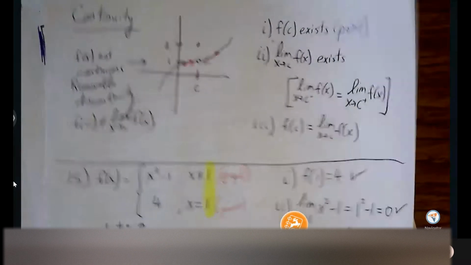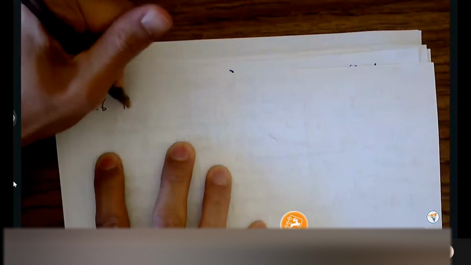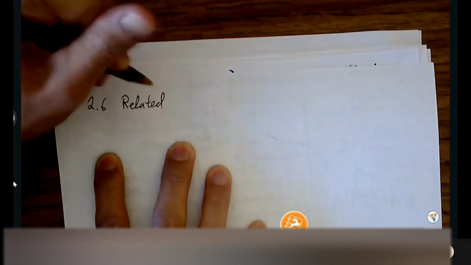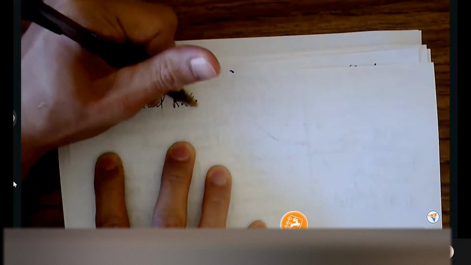Okay, so let's turn our attention to related rates. We'll do some problems with related rates here. Now, the unique feature of related rates is the fact that we have time flowing through the entire problem.